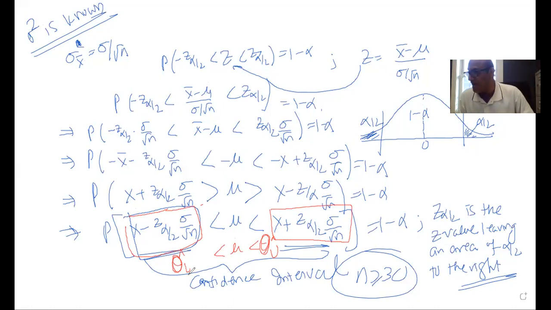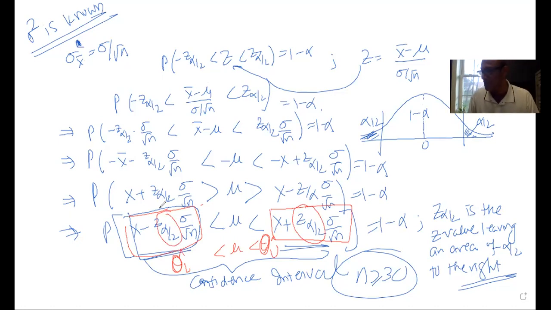The larger the value we choose for z alpha by 2, the wider we make all the intervals, and the more confident we can be that the particular sample selected will produce an interval that contains the unknown parameter nu.